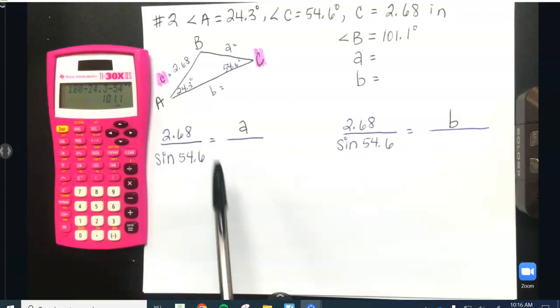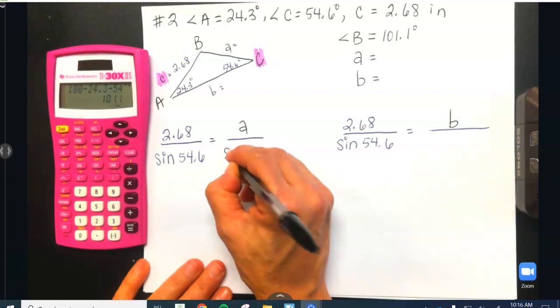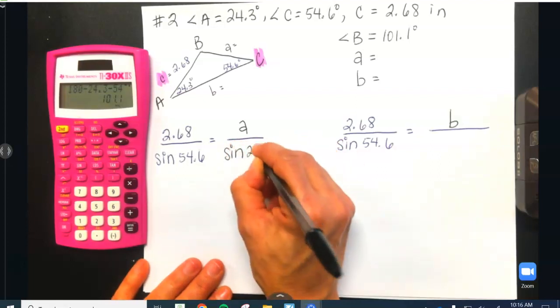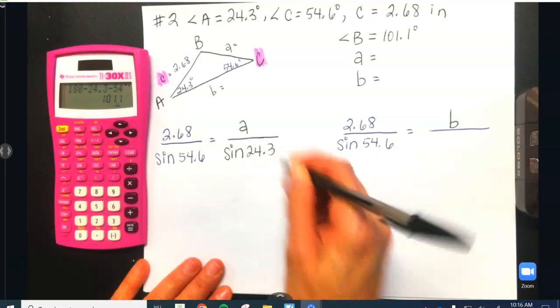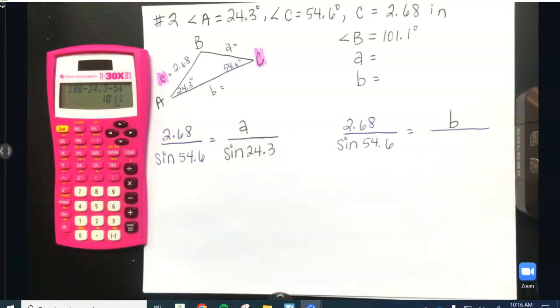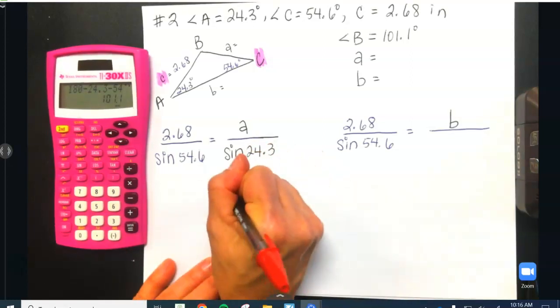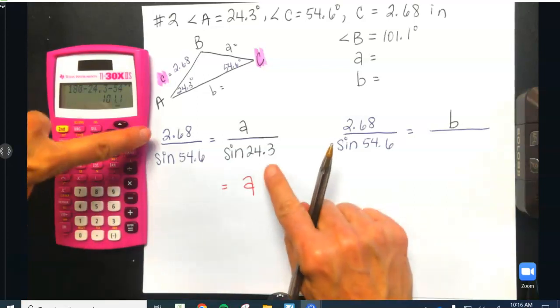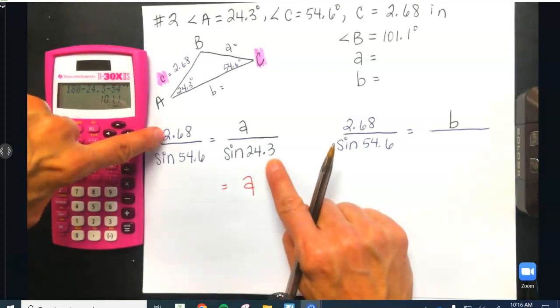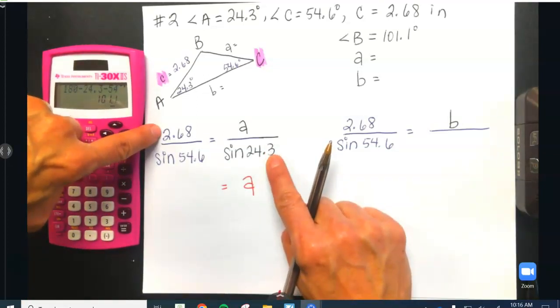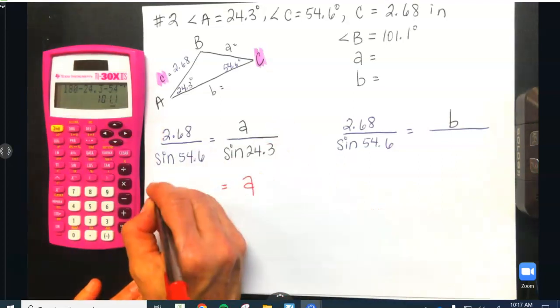All right, so remember, angle A was given to us. So let's write sine of 24.3 right here. Now I'm going to go to calculator ready. Calculator ready has the variable all by itself. Remember, these two are multiplied. So let's multiply them together.